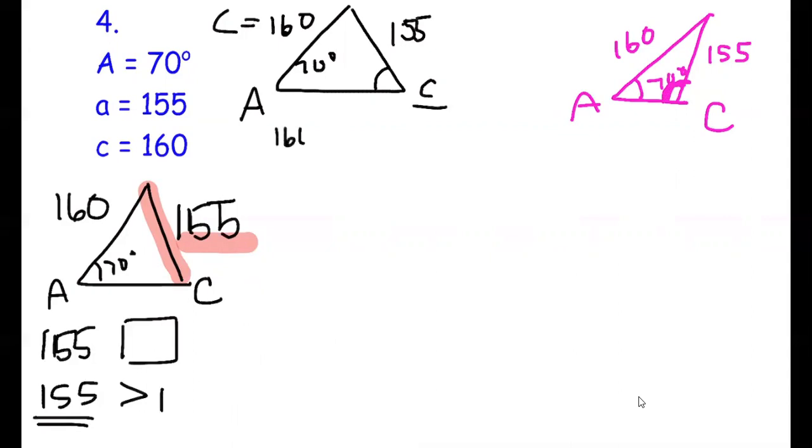So 160 is side C, so 160 over the sine of angle C equals 155 divided by the sine of 70 degrees.